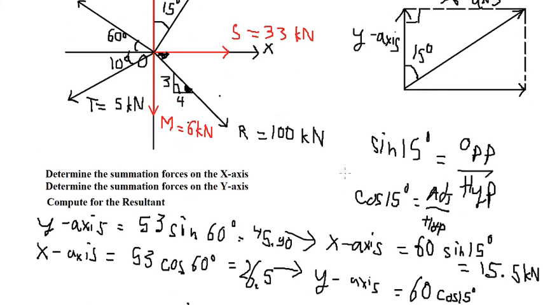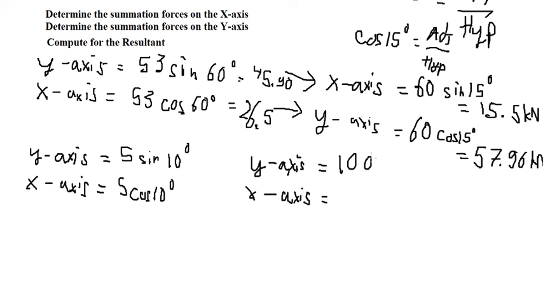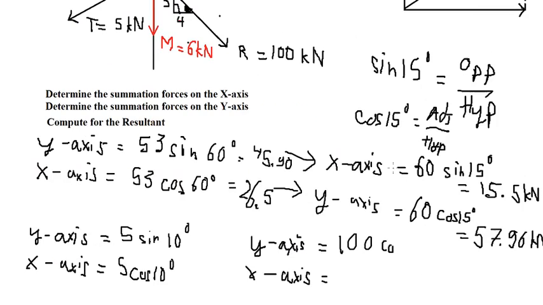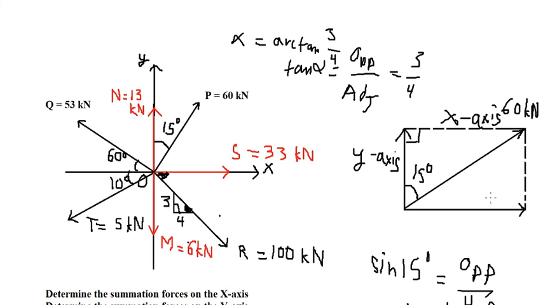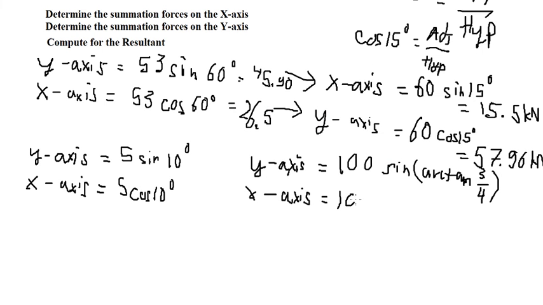So we will have about 100 multiplied by sine, that's about sine, and we have arctan of 3 over 4. So the next one we have 100 cosine of arctan of 3 over 4.